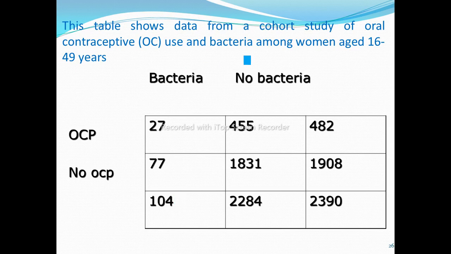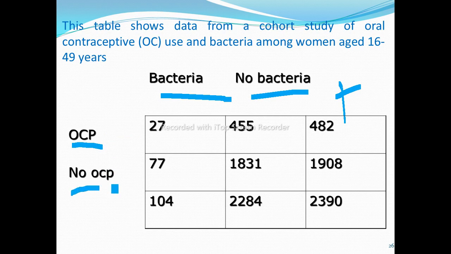This table shows data from a cohort study of oral contraceptive use and bacteria among women aged 16 to 49 years. This is individuals with bacteria, individuals with no bacteria, and this is the total. This is OCP, individuals exposed to oral contraceptives, and this is no OCP, individuals not exposed to oral contraceptives.